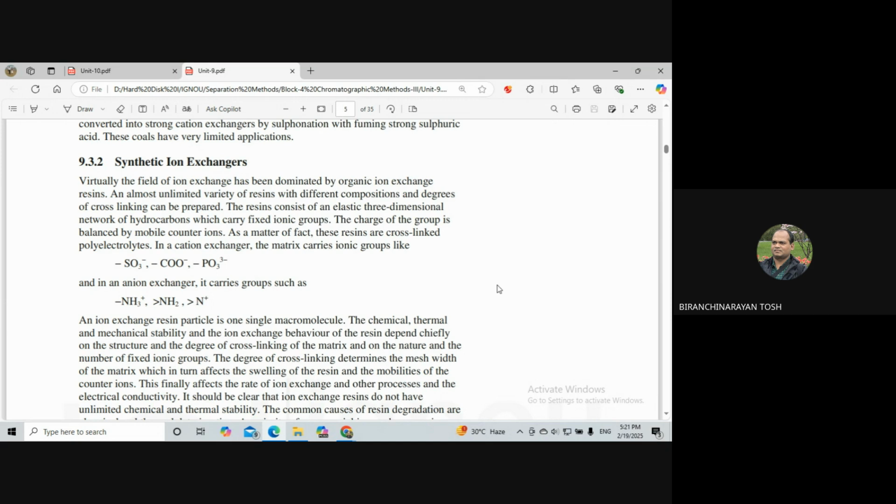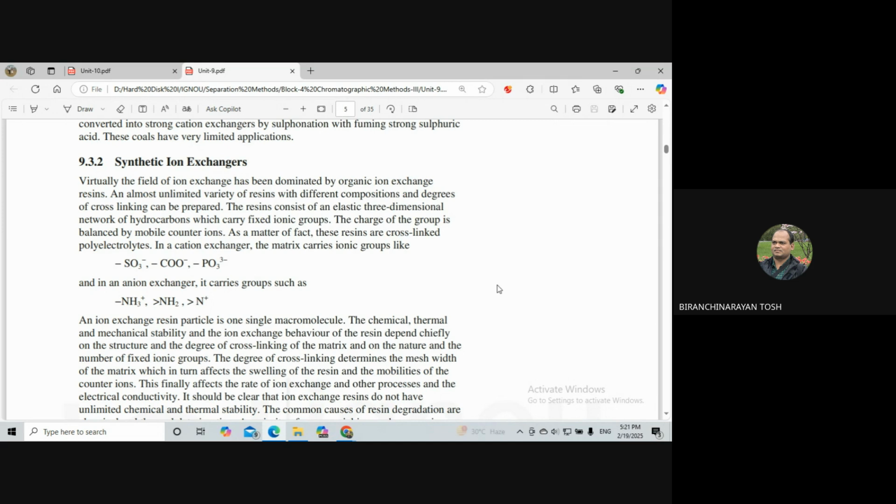The resins consist of an elastic three-dimensional network of hydrocarbons which carry fixed ionic groups. The charge of the group is balanced by mobile counter ions. As a matter of fact, these resins are cross-linked polyelectrolytes.